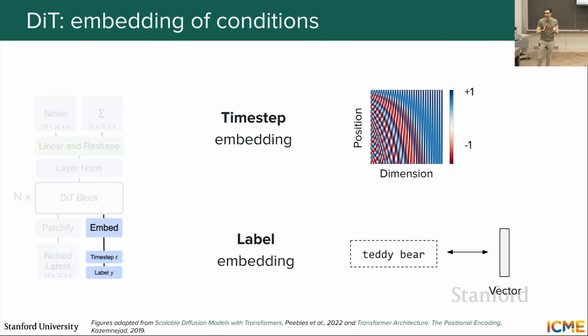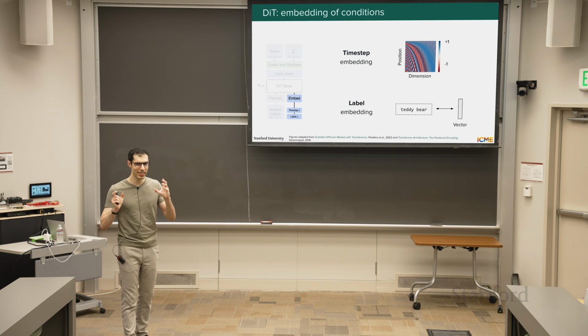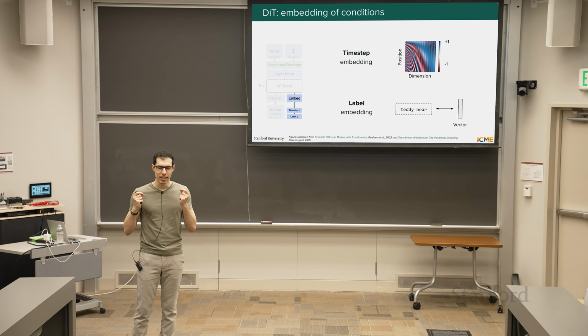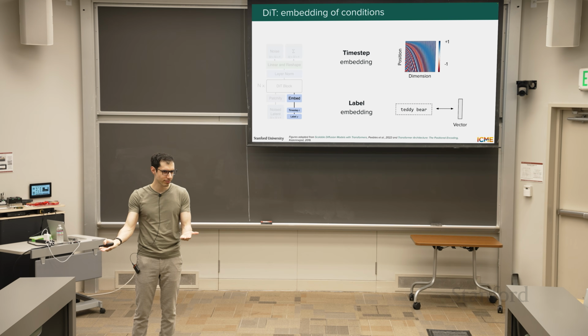I believe in the DiT paper, they just considered the embedding of the whole text, so just one vector for the whole text. So let's suppose you have these two quantities. Now the question is, how do you inject that into your model?